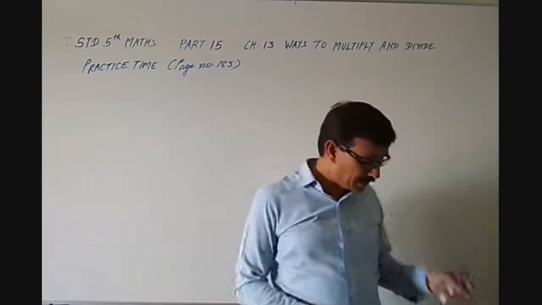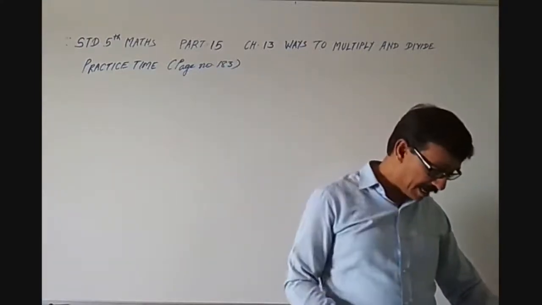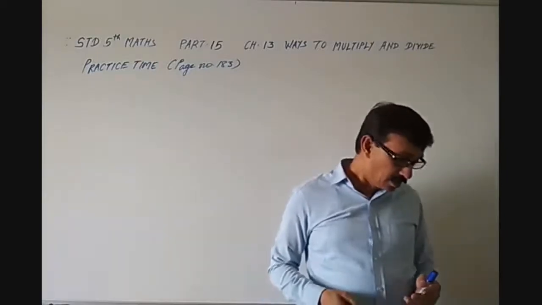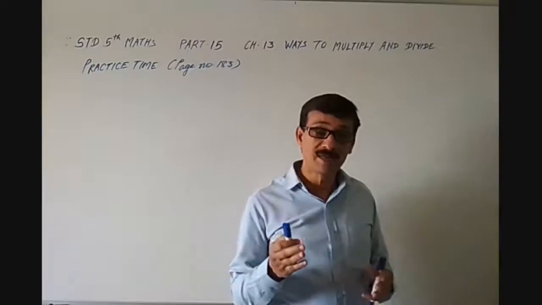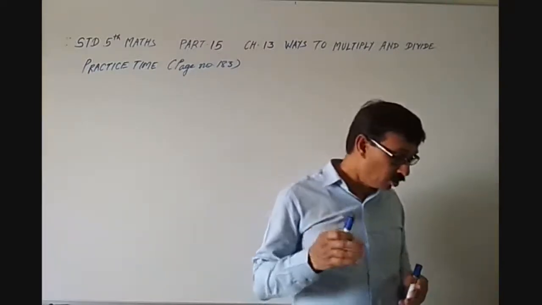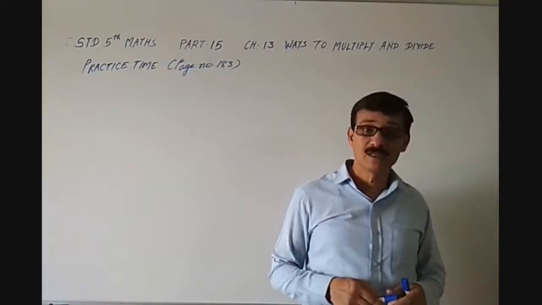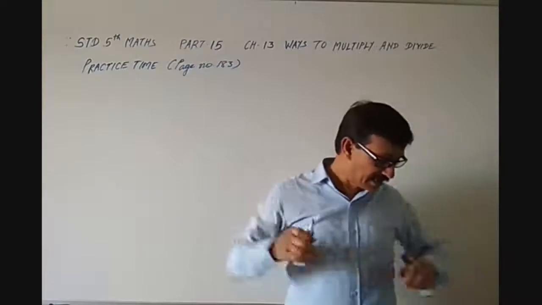Now, see, total number of trees are 458, isn't it? Total number of rows, he wants to grow 15 plants in one row, isn't it? So we should answer something like this.